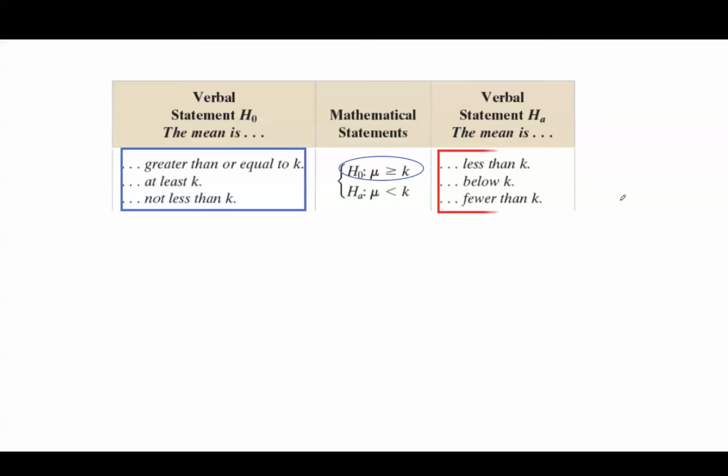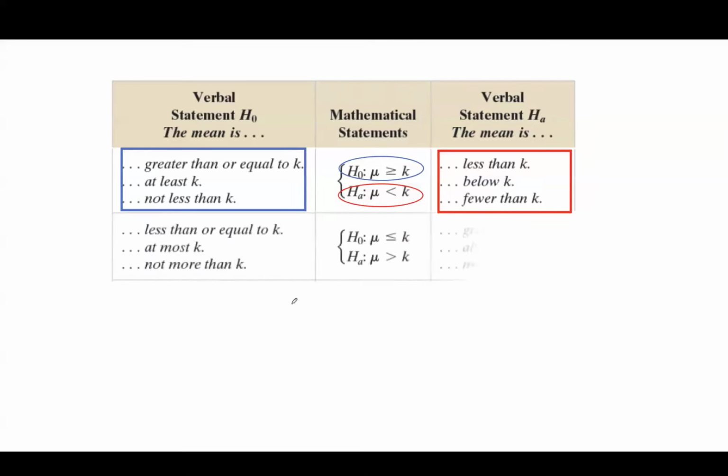When you read news or homework or any question including one of these keywords, less than, below, fewer than, it means that your alternative hypothesis is given. The alternative hypothesis in this case says the population mean is fewer than k, less than k, or below k. This is your very first category of analyzing null and alternative hypotheses.